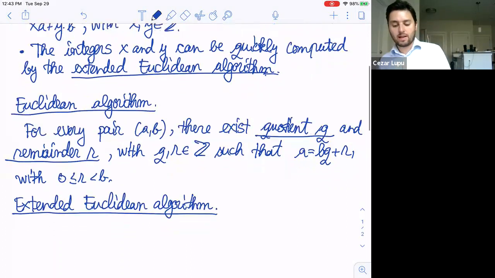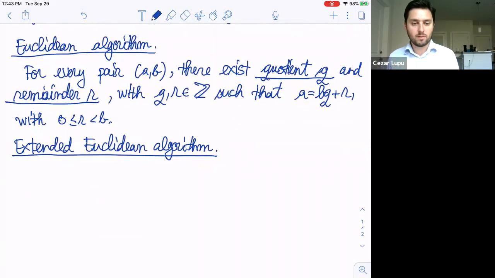We can extend this Euclidean algorithm in the following way.